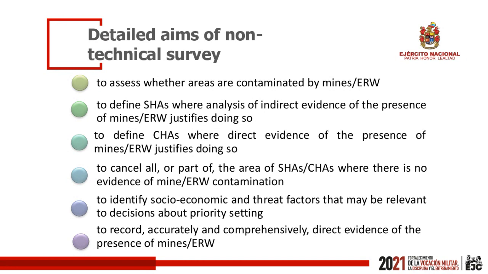The next one is to define the confirmed hazardous areas where the direct evidence of the presence of explosive devices justifies doing so. That applies for indirect evidence, and after that, another point is to justify the confirmed hazardous area because we have direct evidence.